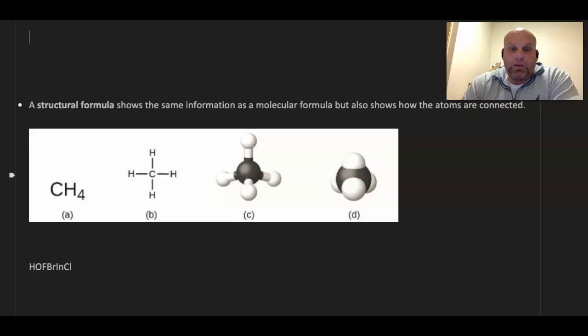This would be our structural formula, B. So we see the 1 carbon and the 4 hydrogens, but the difference here is we also see how they are connected. These other two examples we'll talk more about when we get to molecular formulas with regards to Lewis structures and molecular geometries.